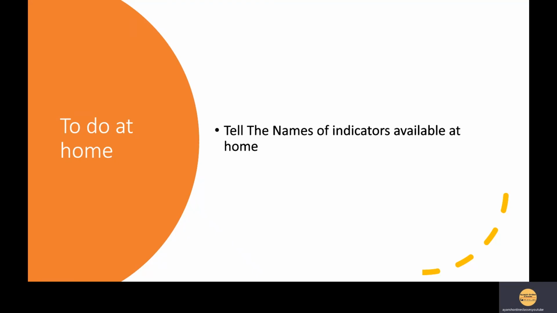You are going to tell the names of the indicators which are available at home. Like I said, I gave the example of turmeric and cabbage. If you know anything which can be used as an indicator, please comment in the comment section and let us know what other indicators you have at your home. It may be a synthetic one or a natural one, but a natural one is preferred more. Let's check out which natural indicators are present at your home. Please do comment and let us know.